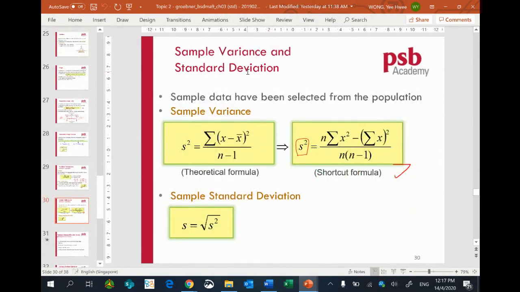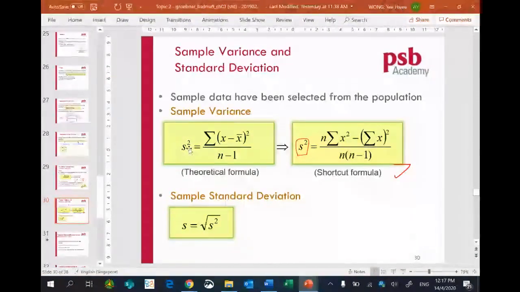Sample variance and standard deviation. Just now, we know population variance is sigma square. Population standard deviation is just sigma. So for sample version, if you remember what I said earlier, in the sample version of the formula, you don't see any more Greek letters. So the standard deviation will be denoted by just S. S stands for standard deviation.